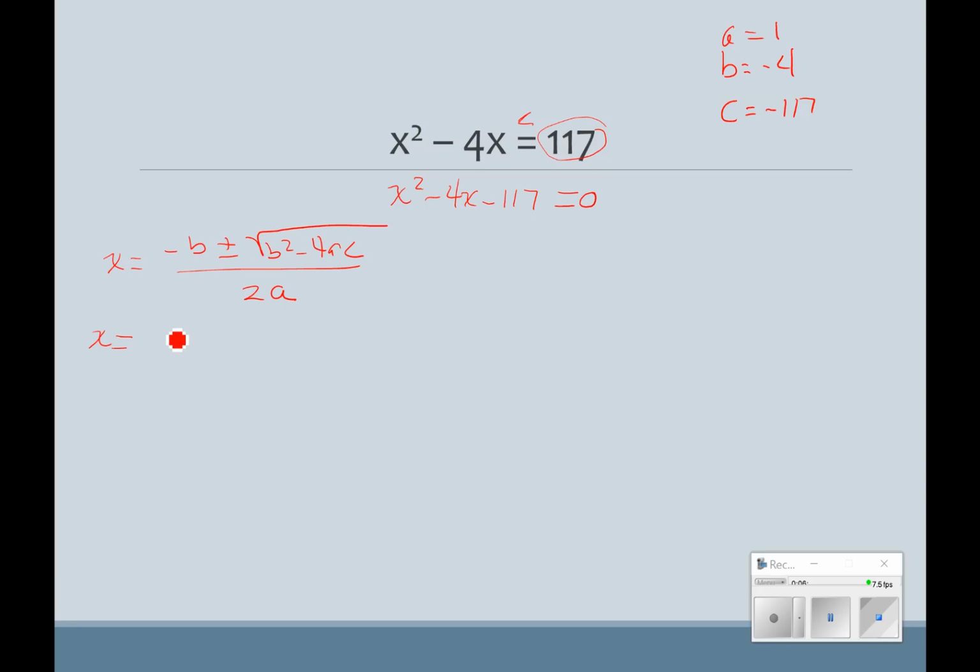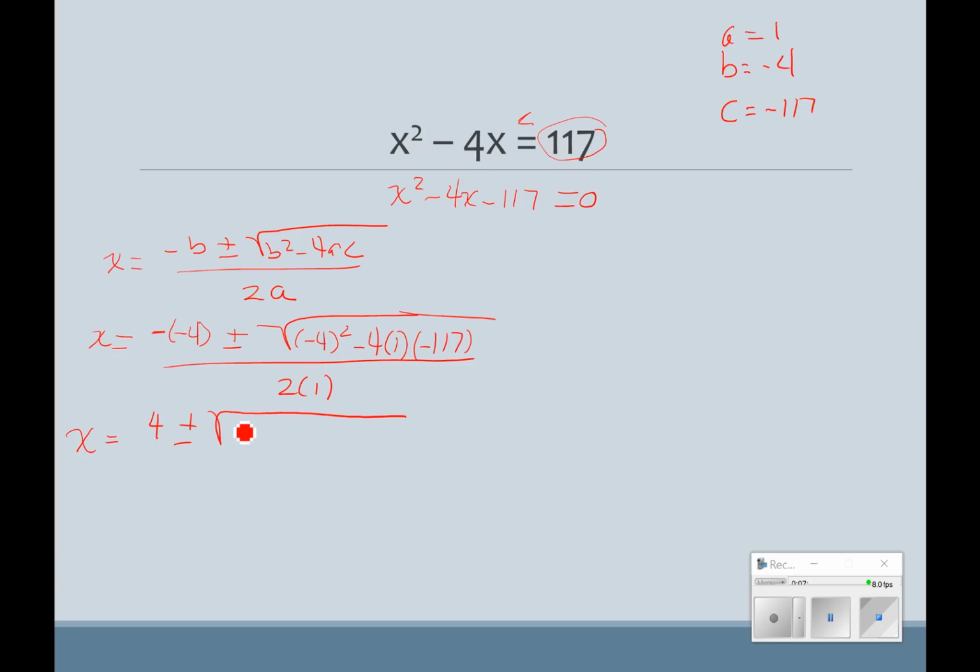So negative b, subbing in, is negative of a negative 4 plus or minus the square root of negative 4 squared minus 4 times 1 times negative 117 all over 2 times 1. All right, so simplifying. X is going to equal 4 plus or minus the square root.